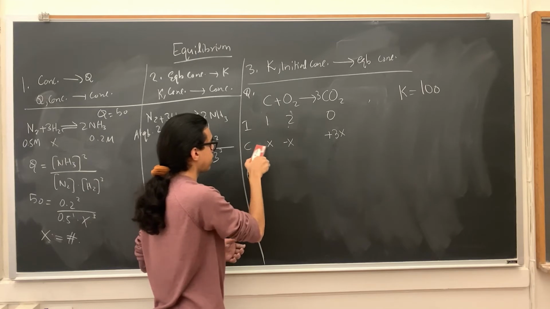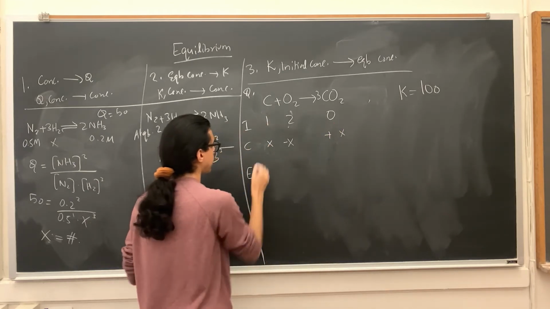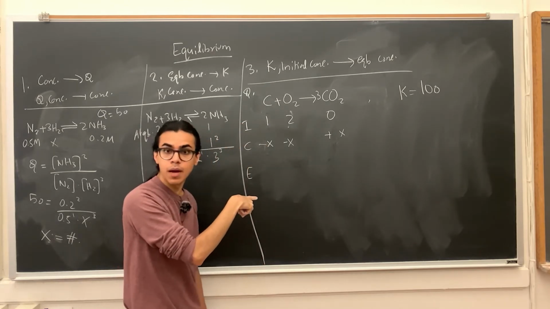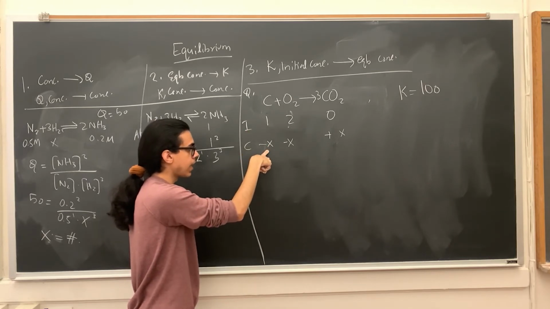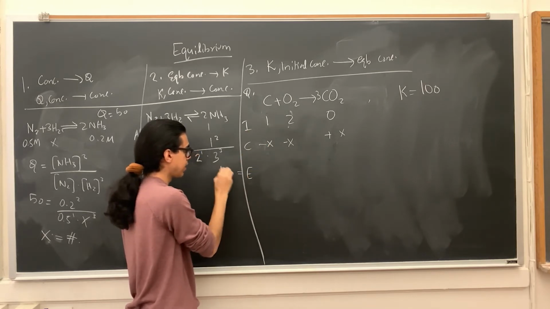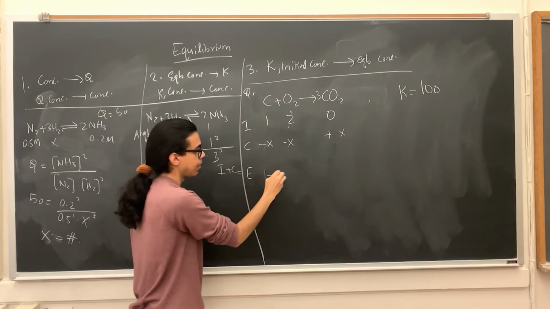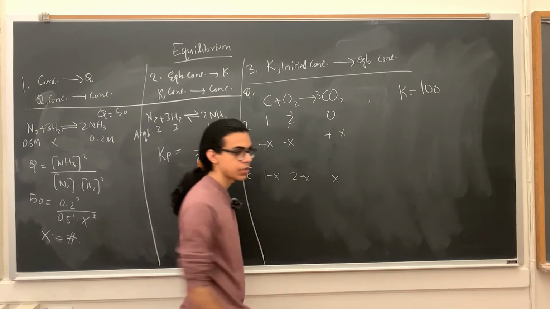But since that's not the case, let's work with minus x and plus x. Equilibrium is just the resultant amount. We started with 1, it got reduced by x, so equilibrium is simply take your initial, add the change, and you'll get equilibrium. So this would be 1 minus x, 2 minus x, 0 plus x is just x.